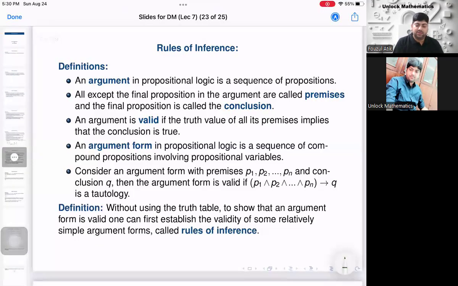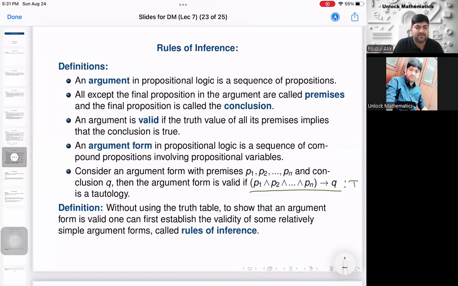And then you want to prove that an argument form is valid, so you will prove that this kind of thing is a tautology. Therefore you will prove that this is always true without depending on the truth values of P1, P2, Pn. So how will we do that? You can do it using a truth table, or some logical equivalence formulas we know already.